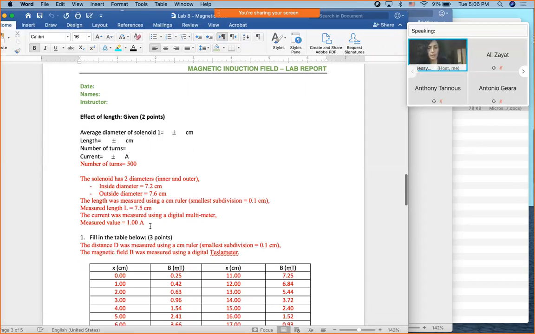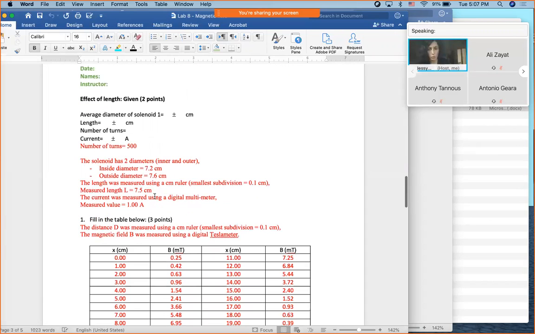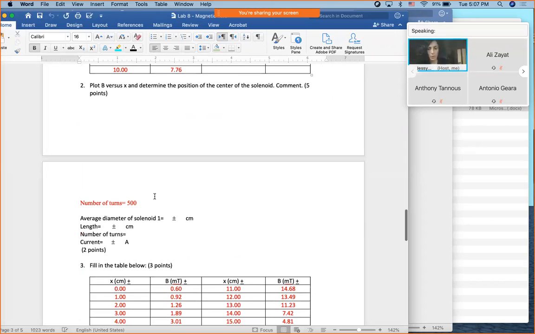Concerning the length, the current, the inside diameter and outside diameter, this is not gonna change for solenoid 2. So the mistake we made is the following. This is solenoid 2. The length is the same. The average diameter is the same. It's only the number of turns that is different. So for average diameter, length and current, nothing is gonna change.